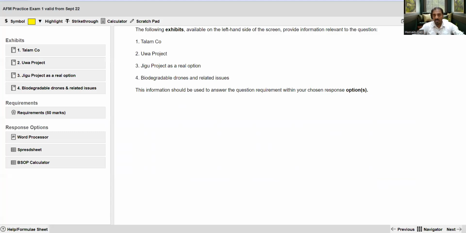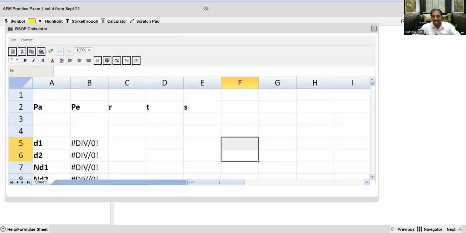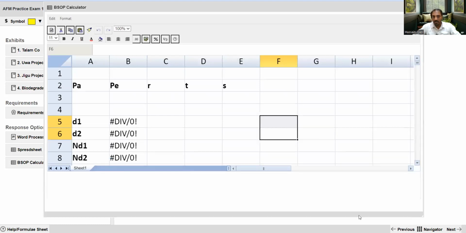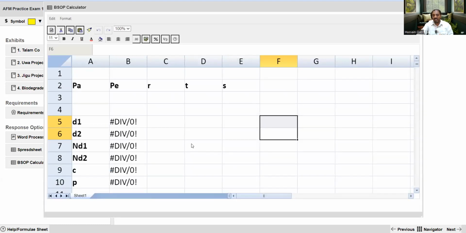If the examiner will examine the Black-Scholes option pricing model, then on the left side, the response options include word processor, spreadsheet, and BSOP calculator. This is a standard calculator that you must use accordingly.